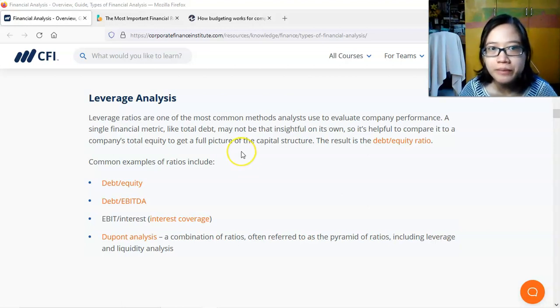Okay? Pero itong leverage analysis, more on sa utang. Okay? Kasi as investors, concerned tayo kung masyado bang malaki ang inutang nitong company compared sa equity and also magkano yung ginagastos nila for interest payments. Kasi diba, pag utang, normally nakalock yung interest na babayaran.